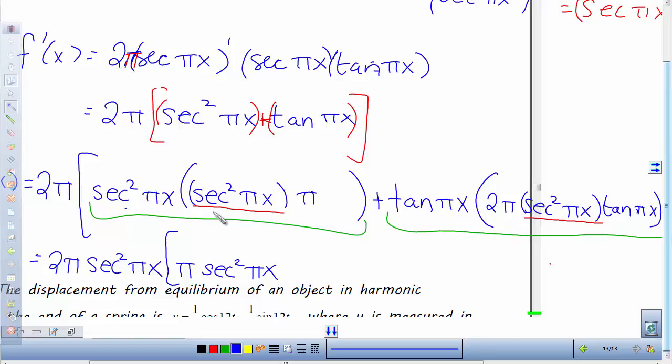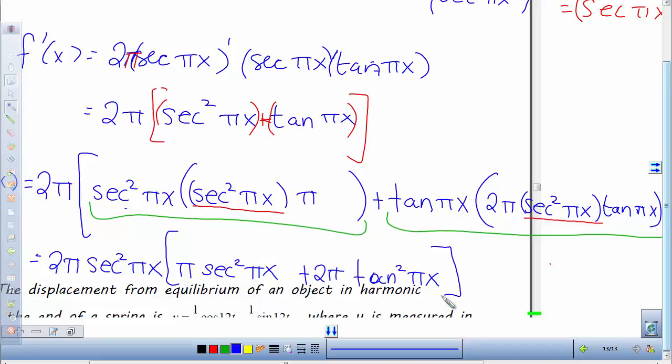And then over here, we factored out secant squared pi x. I'm left with, there is a pi over there that we could have factored out, but I'm left with 2 pi and tangent squared pi x. And yeah, that's it.